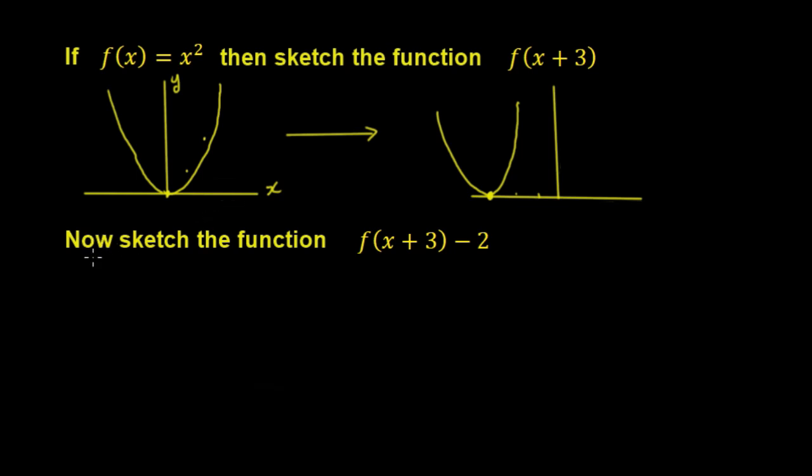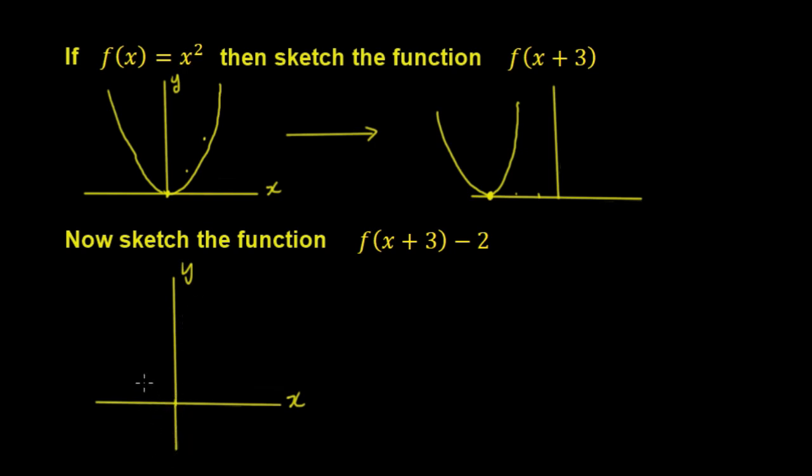So the next part of it says, now sketch the function f of x plus 3 minus 2. Well, we know that whenever we take 2 away, it's equivalent to taking the whole function and shifting it down. So we're going to be left with a function that is similar to the previous one, but it's going to be shifted down by 2. So we'll call that x, we'll call that y.